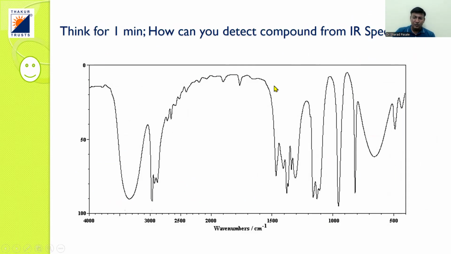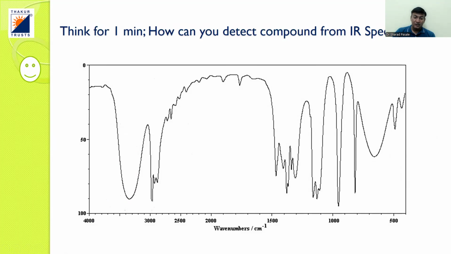So see here, this is one example of how you can detect a compound from the IR spectrum. Again here we will focus after 1500, so only this region. You can see here this broad peak. It means that there is either OH or a water molecule. This peak comes around 3400. Then this sharp peak is for CH stretching, which is less than 3000.